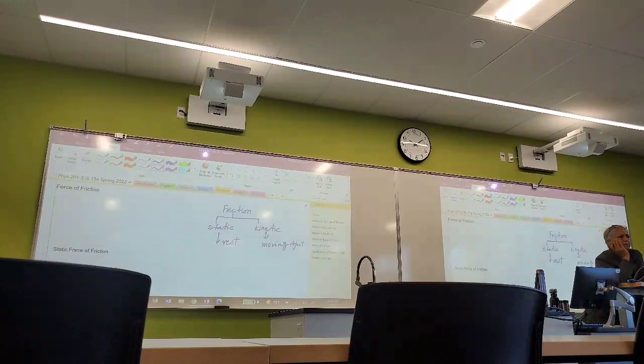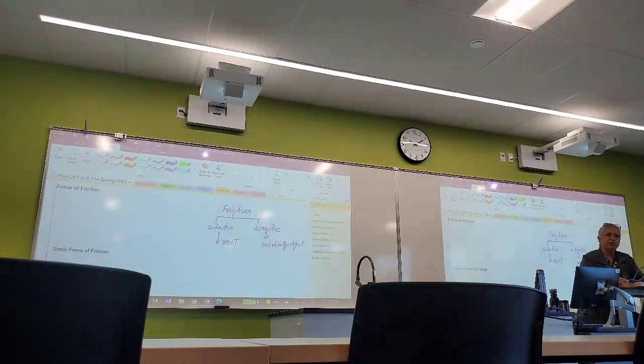So there are two types of friction. One on a moving object, one on an object that is at rest. Who offers friction? Surface. A rough surface offers more friction than a smooth surface. You know all those things like that.